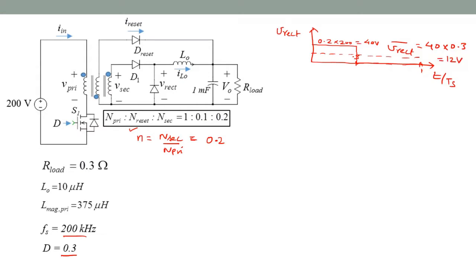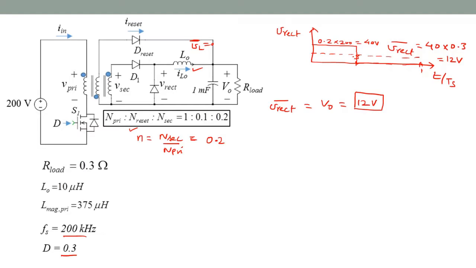From the output side, Vrect is connected to the output just through the inductance, and VL average is 0 in DC steady state. Only the average is 0, so that gives us Vrect average to be just the output voltage VO, which is 12 volts. That is the answer to part A of the problem.